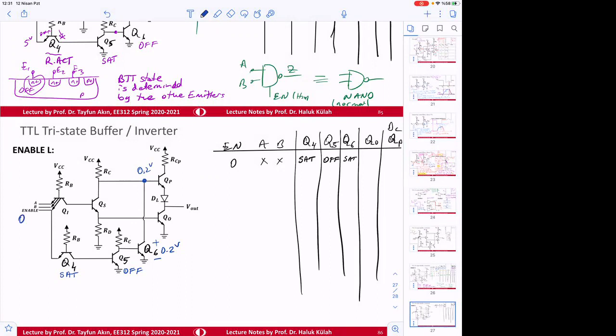We don't care about the other inputs. If one of the emitters is 0, then it pulls this node to 0.8, and this becomes 0.2. So this is SAT. So this will be 0.2 volts, and this will be off. So 0.2 cannot turn on both QP and DL. So this will be off.